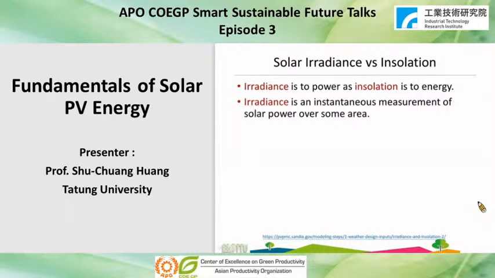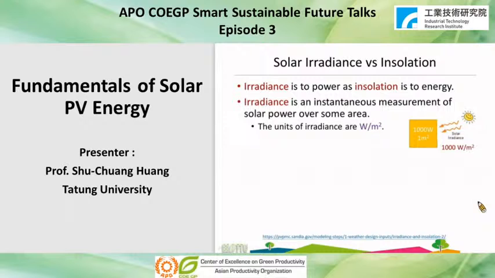Irradiance is an instant measurement of solar power over some area, and the unit is watt per meter square. Typically on a bright sunny day, if you consider an area of 1 square meter, the power from the sun is about 1 kilowatt.